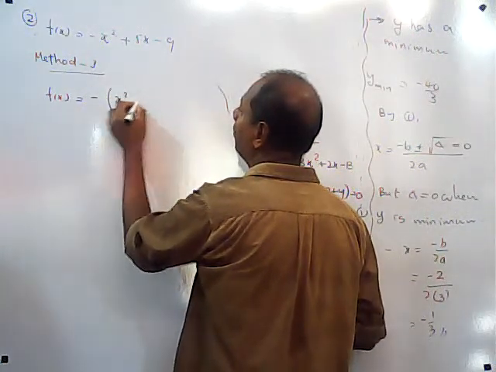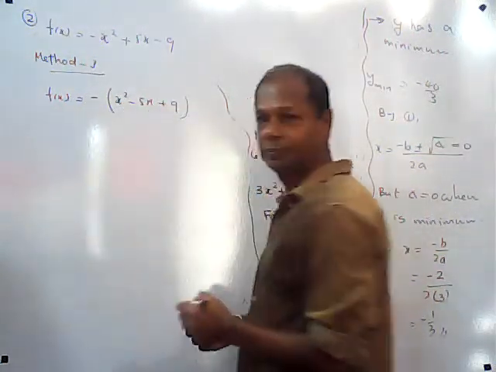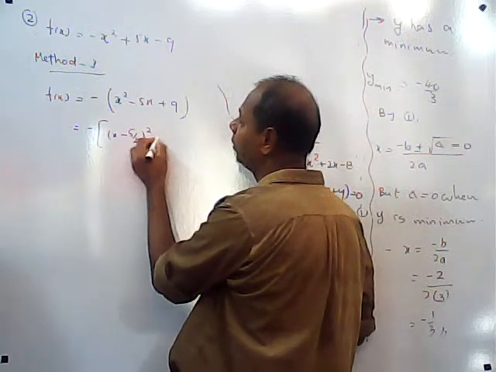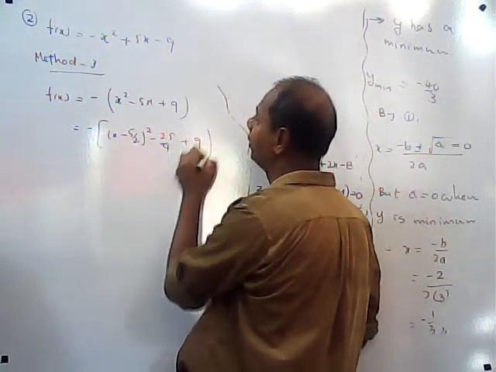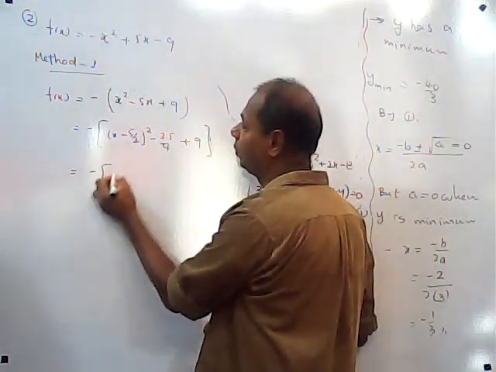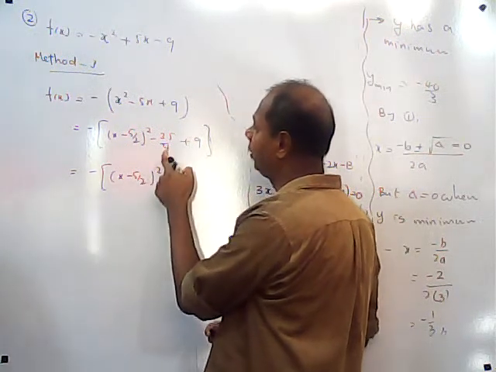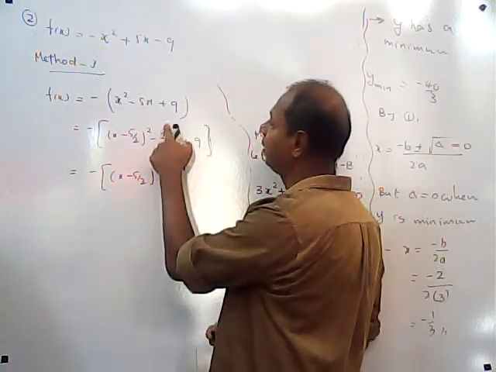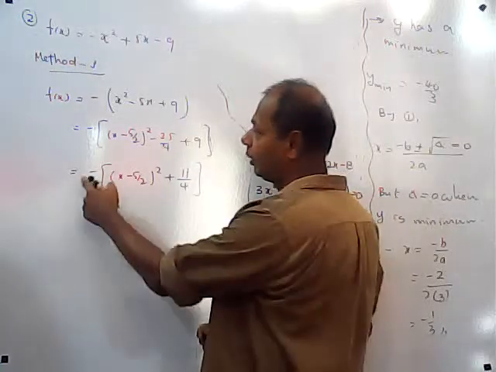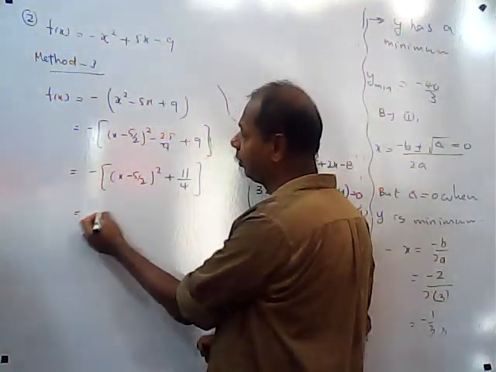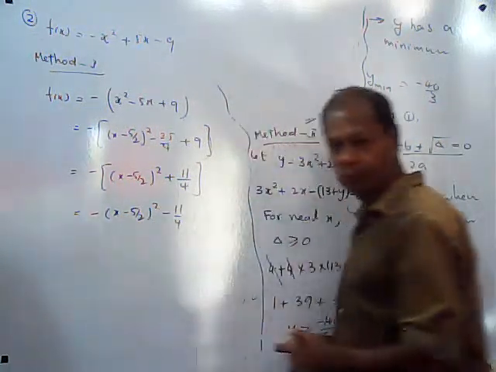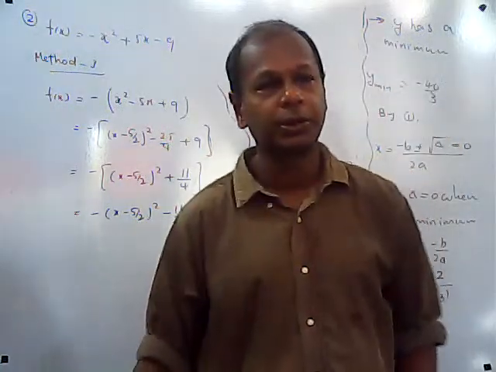That will give x squared minus 5x plus 9. Now complete the square: minus of x minus 5 over 2 squared minus 25 over 4 plus 9. So finally it will give 36 minus 25, that will be plus 11 over 4. Finally, expanding the outer bracket, minus x minus 5 over 2 squared plus 11 over 4. This is what you get completing the square.